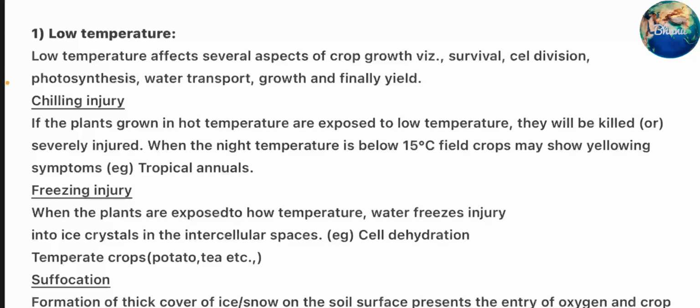Freezing injury. When the plants are exposed to low temperature, water freezes into ice crystals in the intercellular spaces. Cell dehydration. Temperate crops. Next, suffocation.